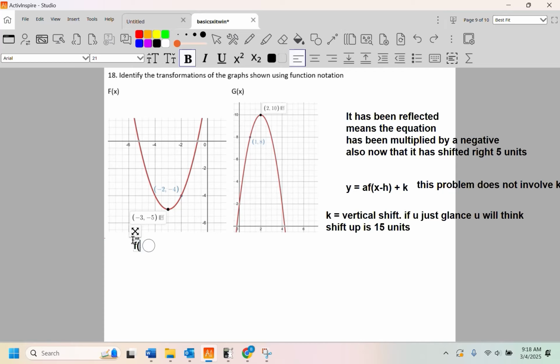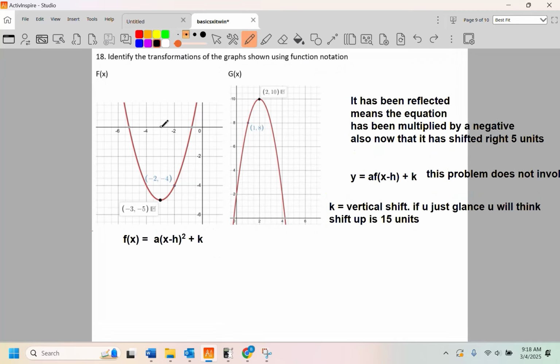The original equation f of x is in the form a times x minus h quantity squared plus k. So the initial slope here, because each block is half a unit, is to rise 1 and run 1.